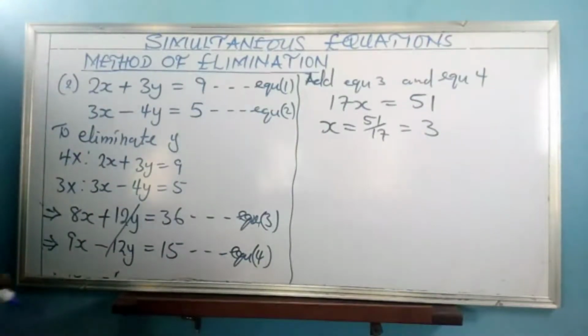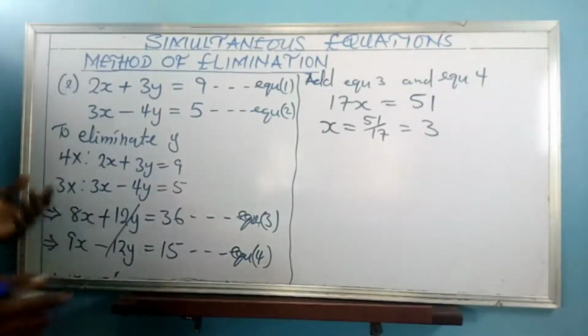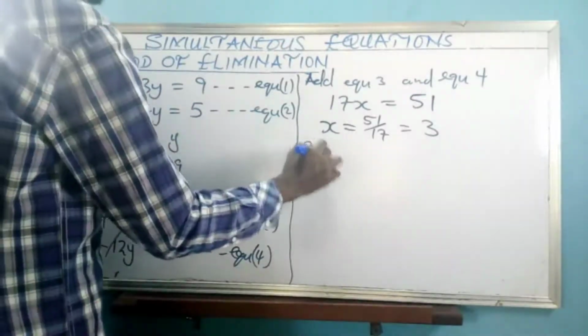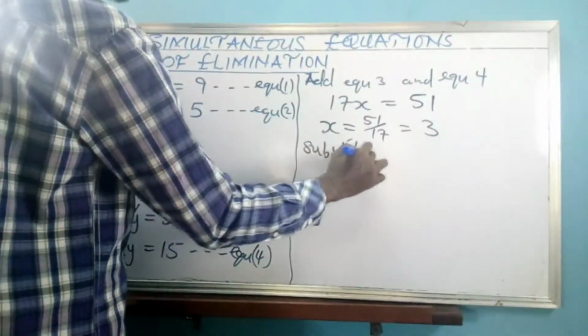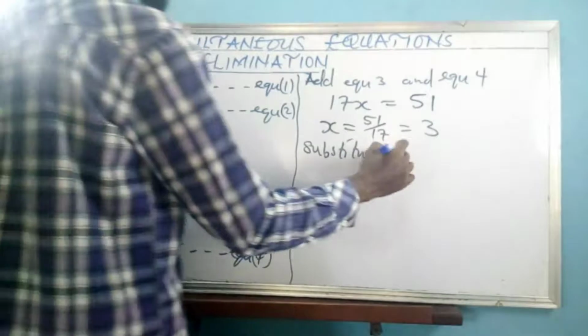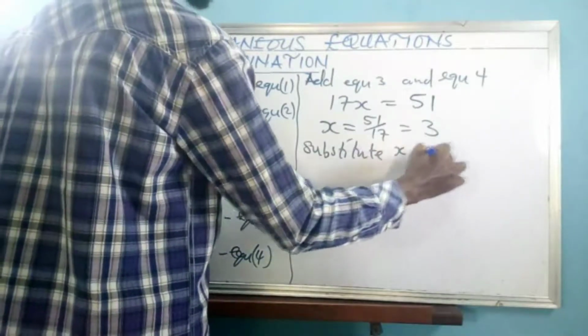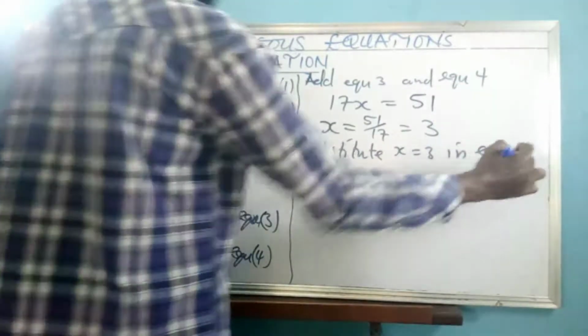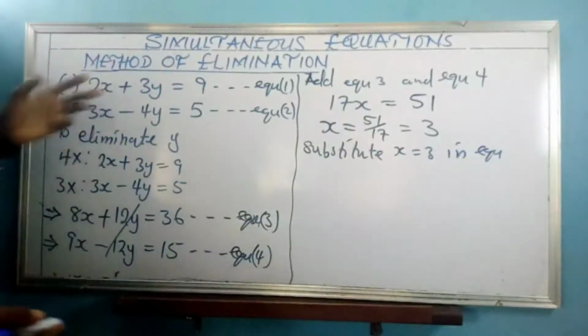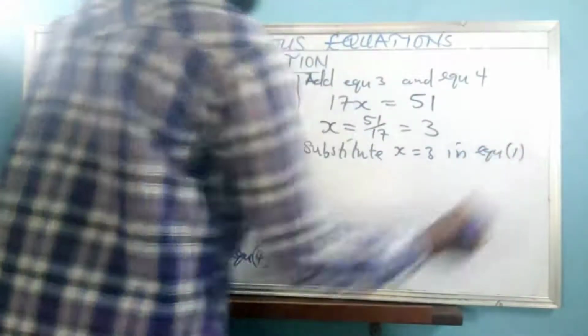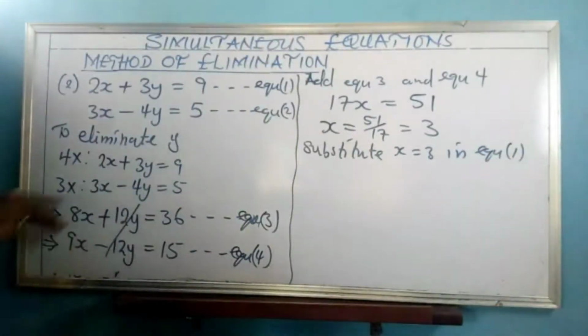So the next thing is you substitute x is equal to 3 in an equation. I love using the positive one, so I will use equation 1, so I will not have the issue of minus and confusing like that.